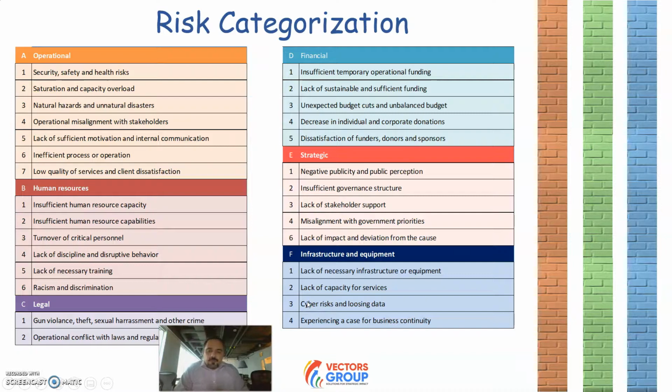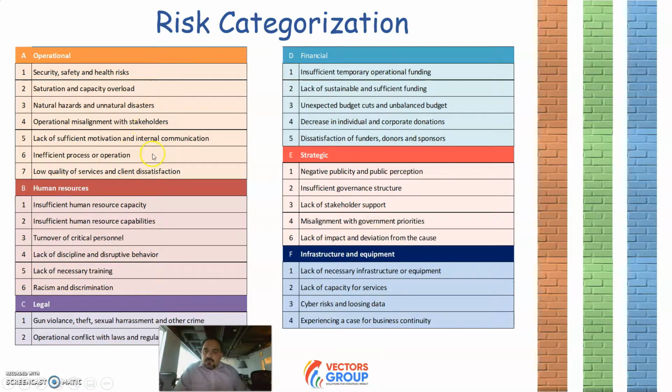Now, this is a very helpful, very useful example for you. You can recategorize risks under six topics: operational, human resources related, legal, financial, strategic, and infrastructure and equipment. Not all of them may be applicable to your organization. If this is the case, you can just use the ones that are applicable.